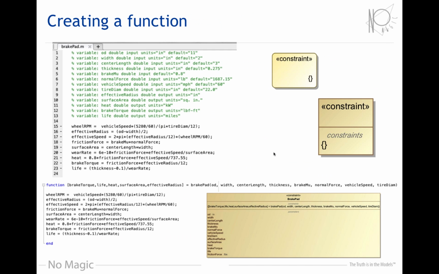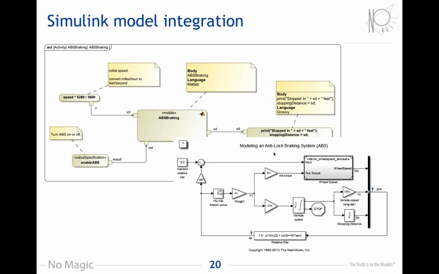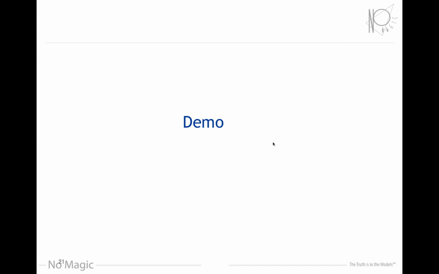If you have scripts, I'll show you how to modify scripts to create functions from scripts, or how to use those scripts directly. And then finally, Simulink model integration. I'll show you that. So let's switch to the demo.